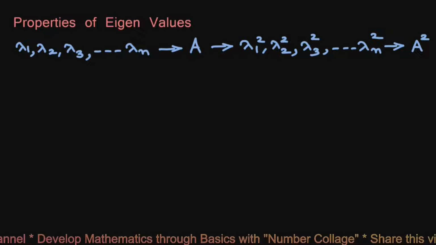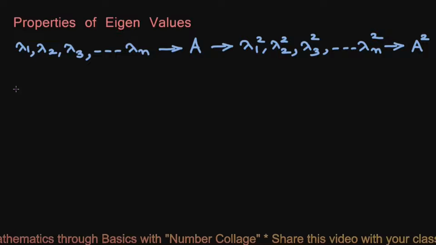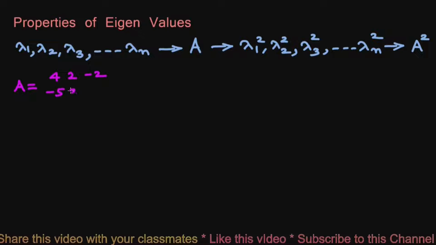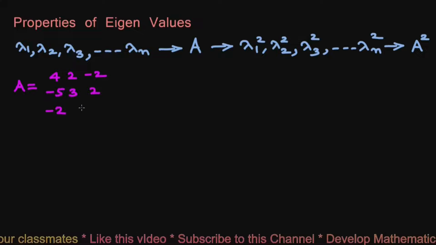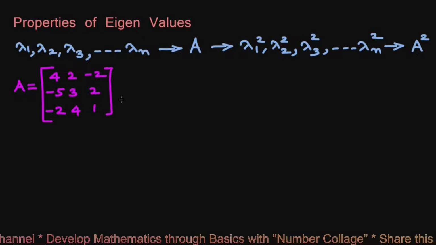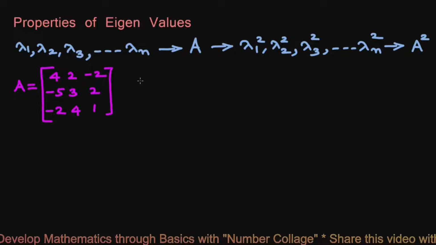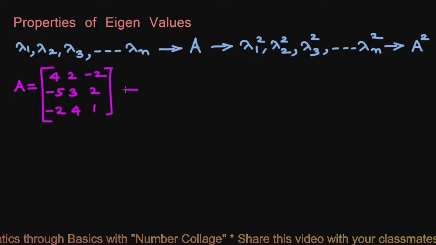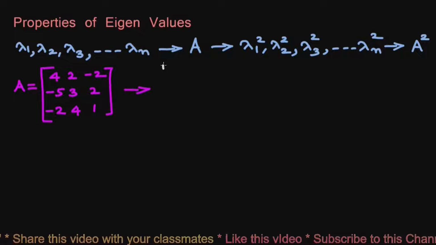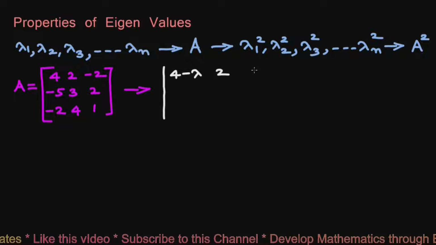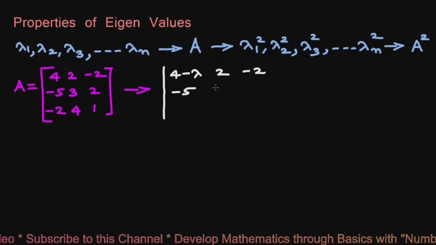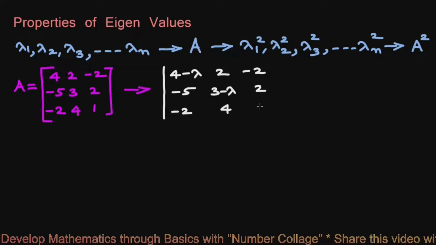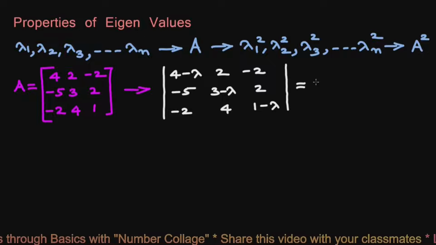To verify this, let us consider matrix A to be [4, 2, -2; -5, 3, 2; -2, 4, 1]. In order to find eigenvalues of matrix A, first we will write its characteristic equation, which will be determinant of [4 minus lambda, 2, -2; -5, 3 minus lambda, 2; -2, 4, 1 minus lambda] equals 0.